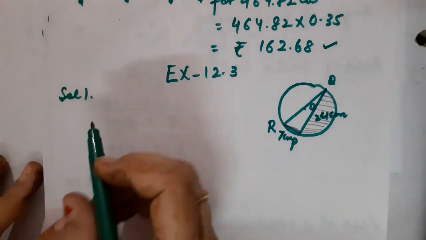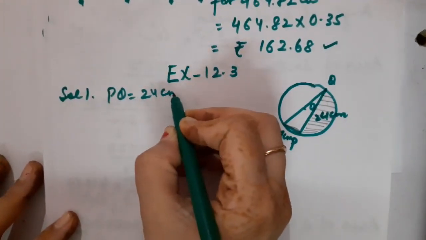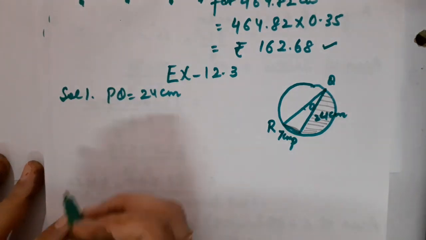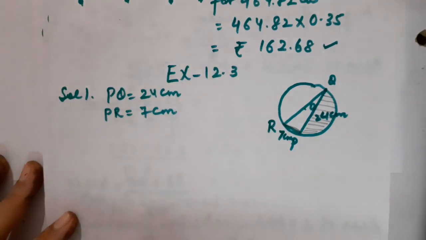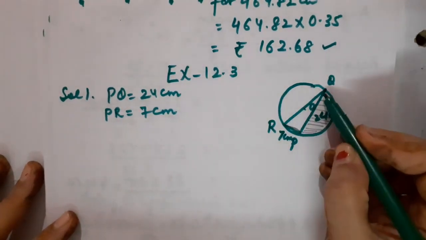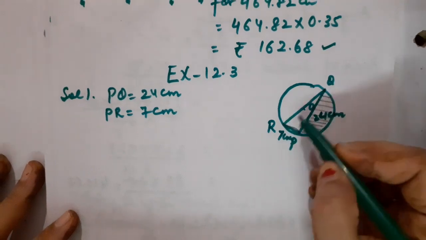So children, first of all, what is given to us? PQ is equal to 24 centimeter and PR is 7 centimeter. Here you can see that QR is nothing but the diameter of the circle.